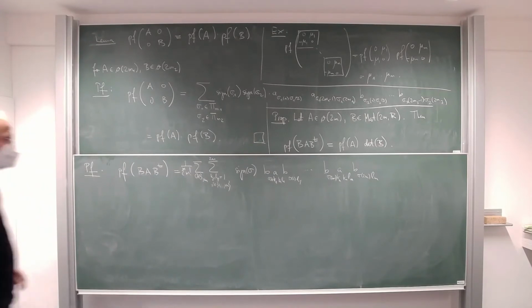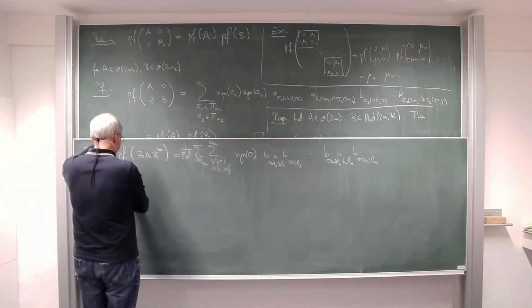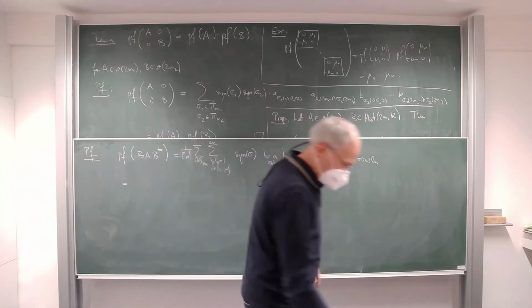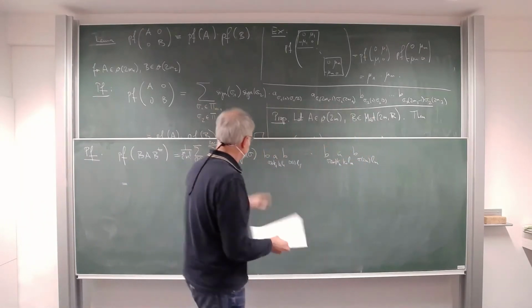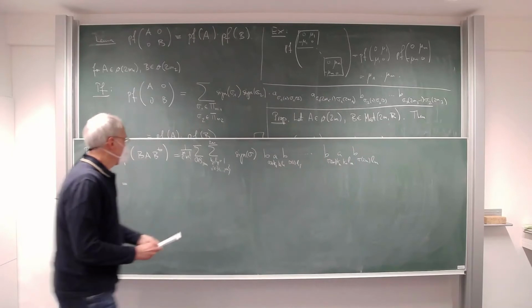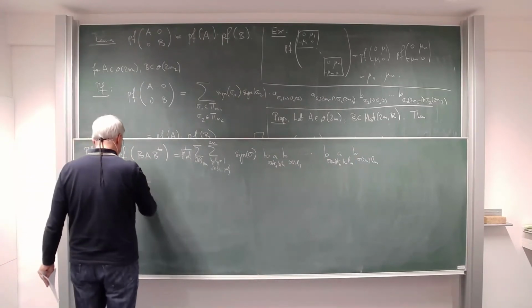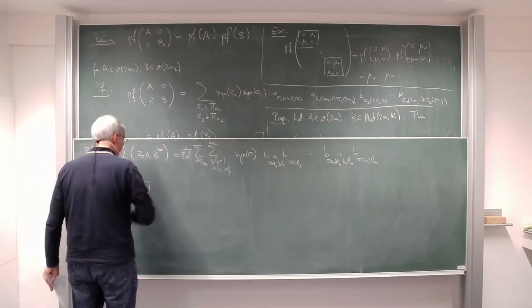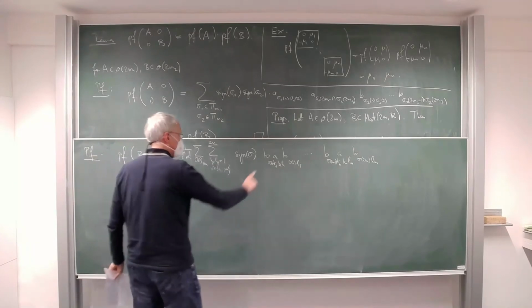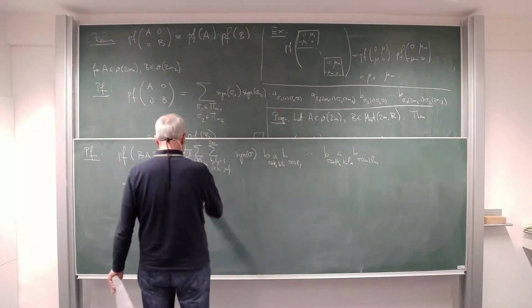Good. Now, let's reshuffle things somewhat. So these are all scalars, so we can change the order. Let me do that. And let me first collect all the B terms.